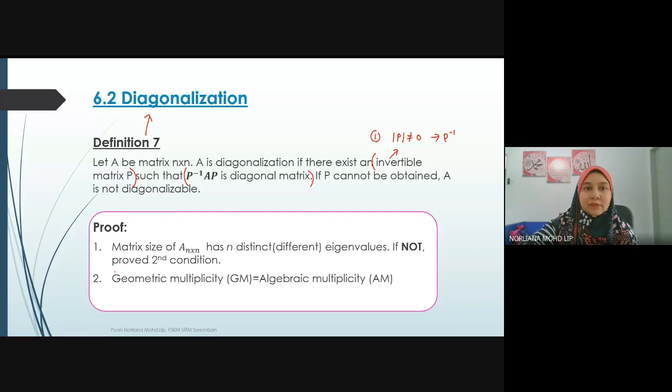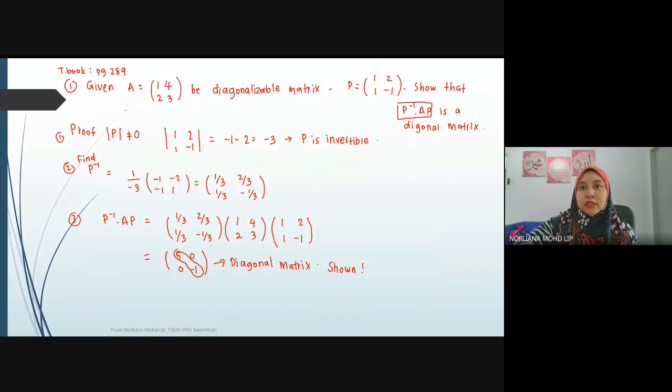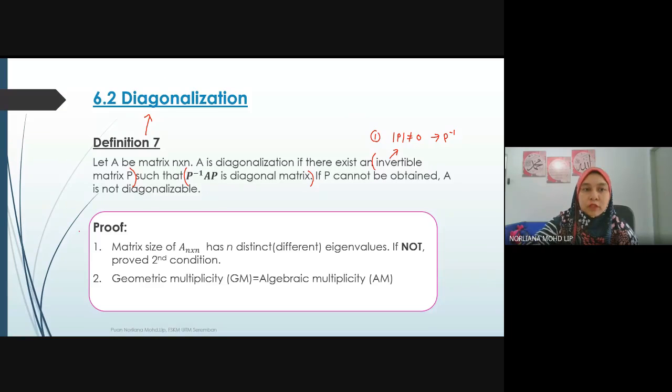Yang tadi kalau diberi matrix P. Tadi kalau diberi two matrix kan, matrix A and matrix P. If the matrix P is not given, so we have to prove the matrix A using these two conditions.